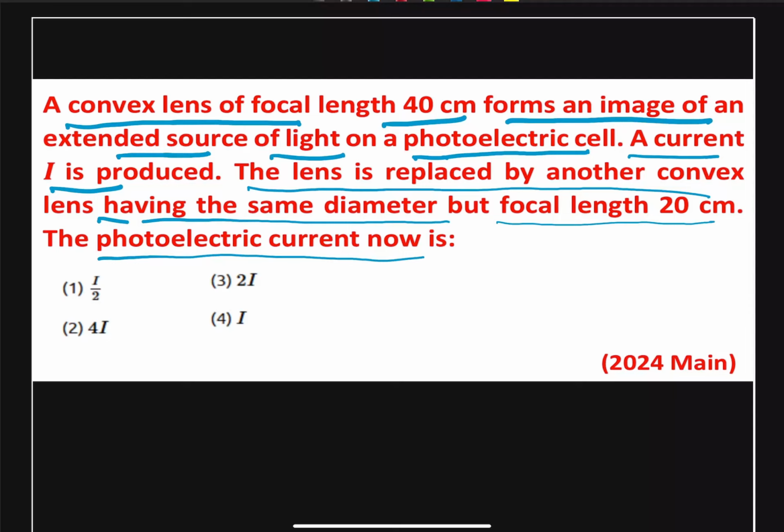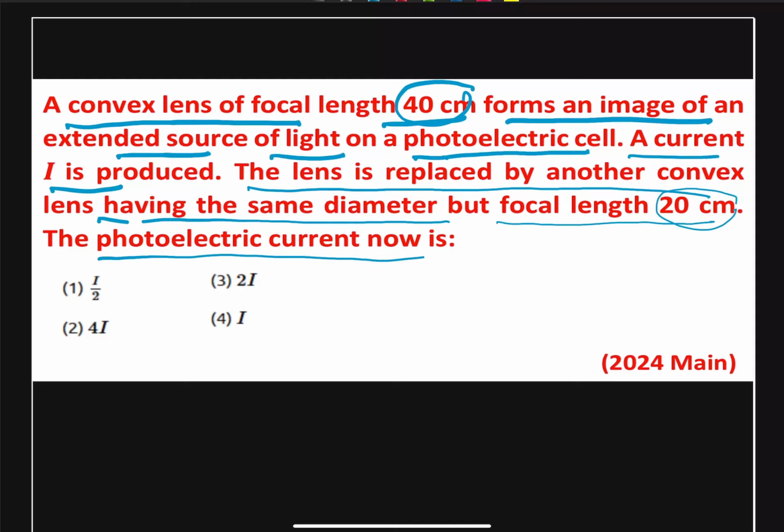So it means it is independent of the lens, because a convex lens of different focal length is being used, that is 40 cm and 20 cm. This is only going to change the amount of the light that is being concentrated. So it's not going to change the number of photons striking the surface.